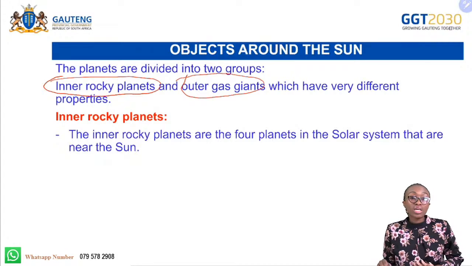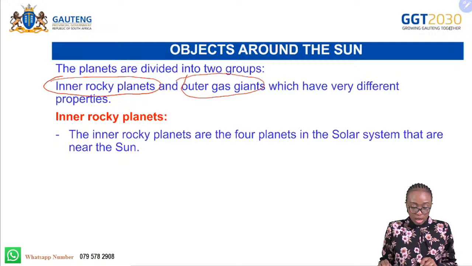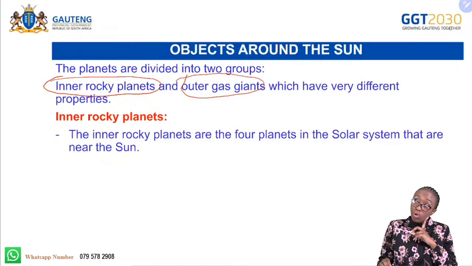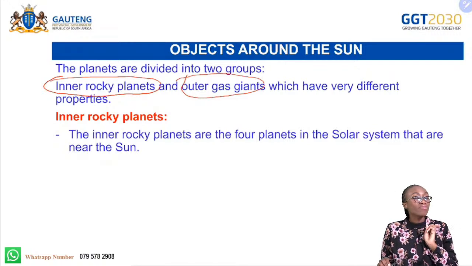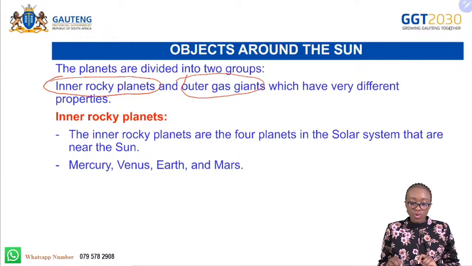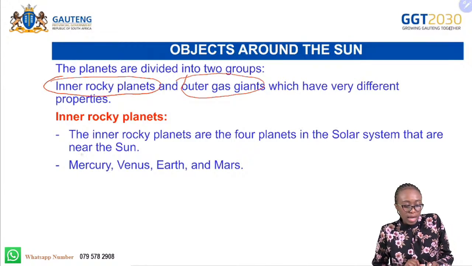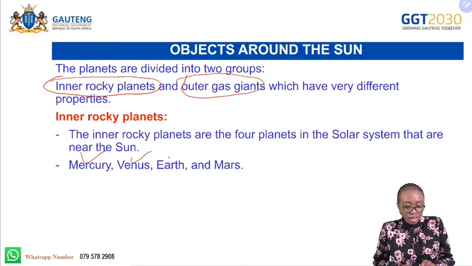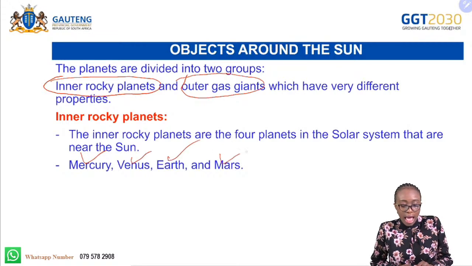So the inner rocky planets are 4 in the solar system that are near the sun. Which means if we have 4 inner rocky planets, we also have 4 outer gas giants. Now, which ones are the inner rocky planets? The inner rocky planets are Mercury, Venus, Earth, and Mars.